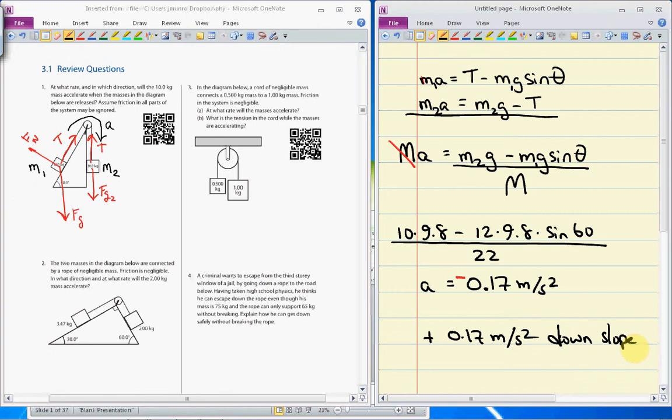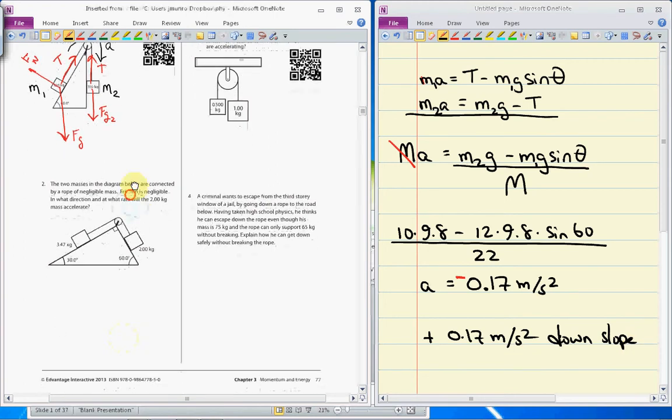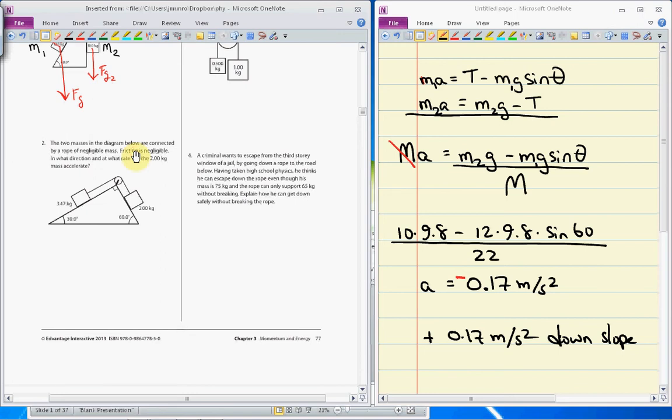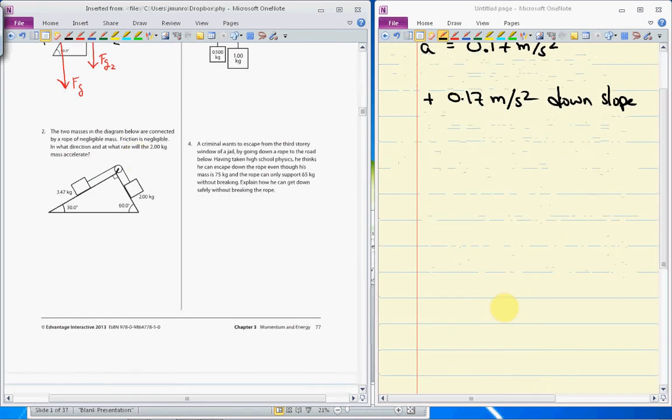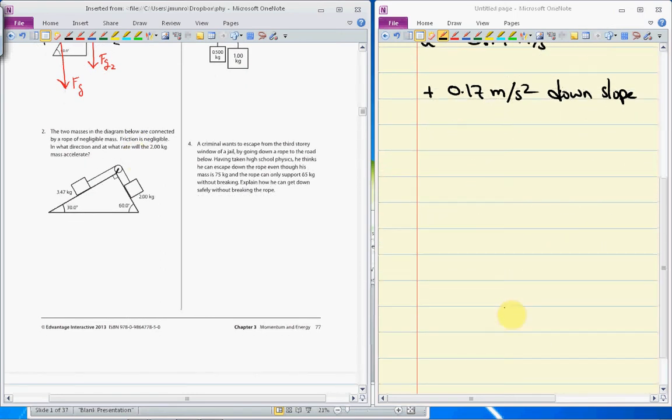Pretty good, right? All right, let's look at number 2 here. For number 2, let's do the same thing. Make the assumption after drawing our free body diagram, Fg, Fn, tension, Fn, and Fg2.